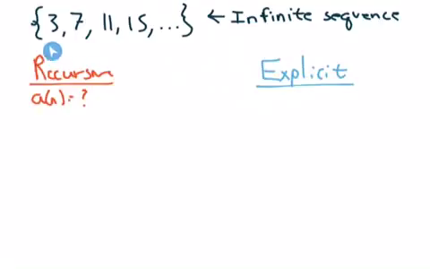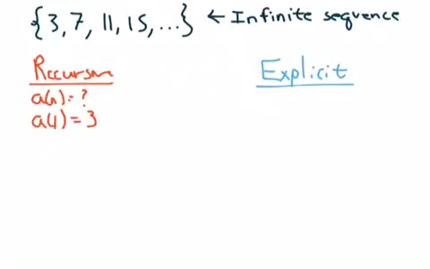So I look at the sequence, at the very first term, and I have to define it. I state a of 1, that is my first term, is equal to 3. That has to be true. So I state that directly.